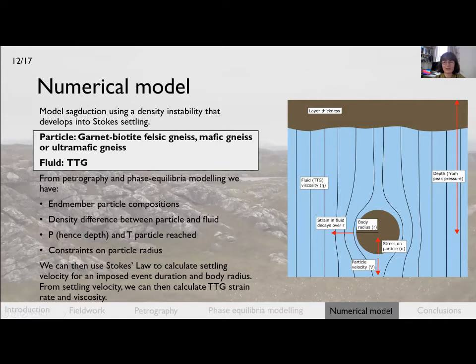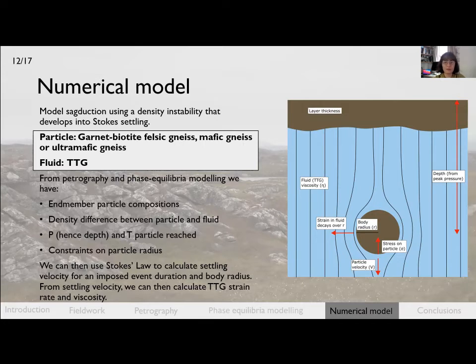Having obtained this viscosity, we then use mineral flow laws to explore what temperature is required to give the TTG the required fluid viscosity. From the phase equilibrium modelling we did, we know the TTGs are predominantly feldspar and quartz at peak conditions, so the fluid behaviour is going to be controlled by the feldspar and quartz flow laws.